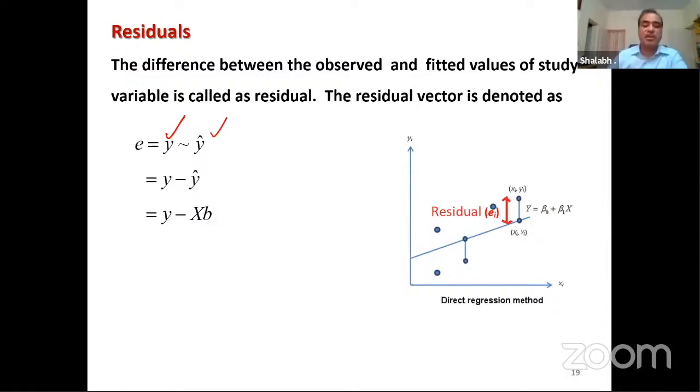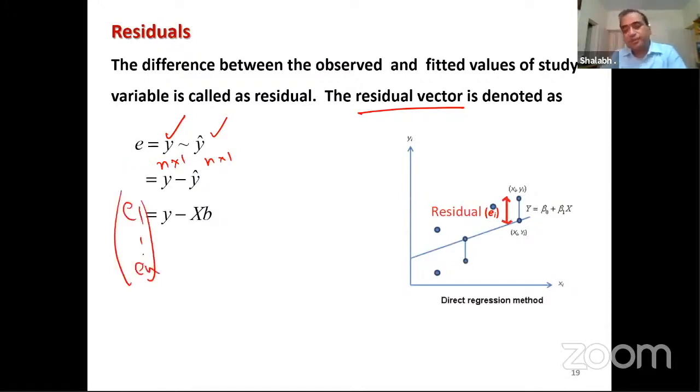So this is the residual, but the main difference is that this is the residual vector. Why? Because this y is an n cross 1 vector, and y hat is also an n cross 1 vector. So this e is going to give you a vector quantity, e1, e2, up to en. That means this vector will give you the value of residuals corresponding to each of the observations.